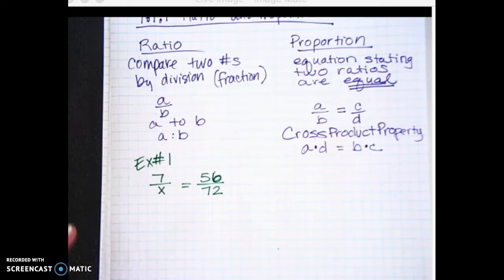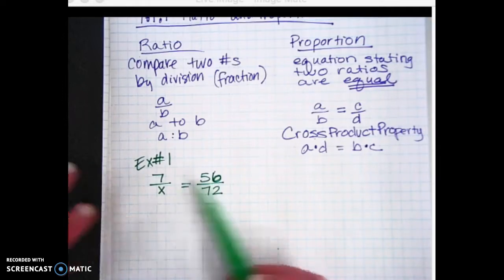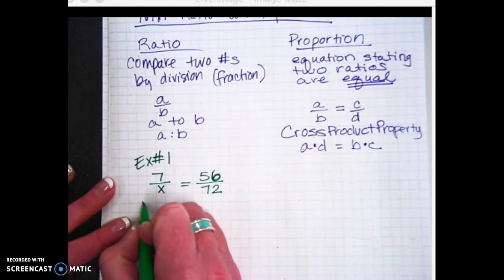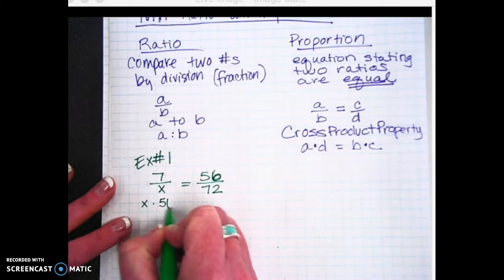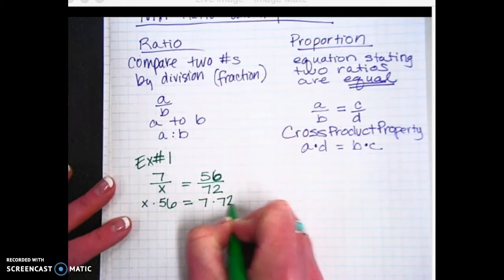So we're going to multiply diagonally. Now, if you're like me and you prefer your variable on the left, then you're going to go this way first because it doesn't really matter which way you go first. So I'm going to say X times 56 is equal to 7 times 72.